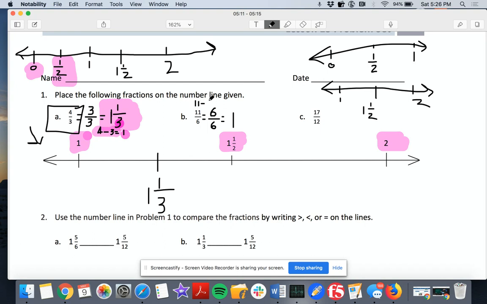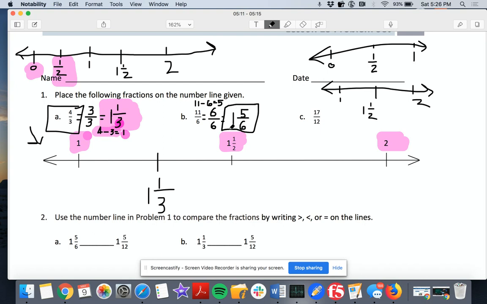So I'm going to subtract 11 minus 6. 11 minus 6 is 5. And I'm not going to forget about my denominator. I'm going to place that 6. So my fraction now is 1 and 5/6.